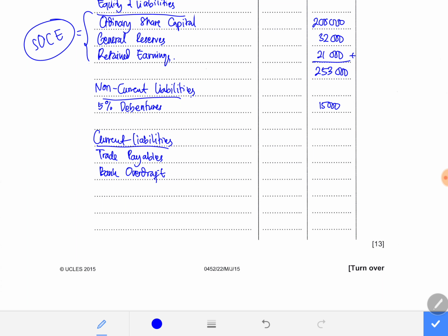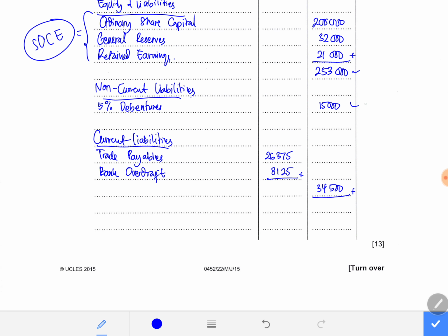Trade payables is 26,375, and your bank overdraft is 8,125. Total is 34,500.